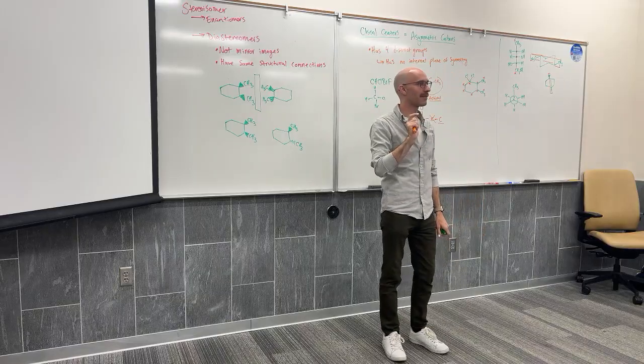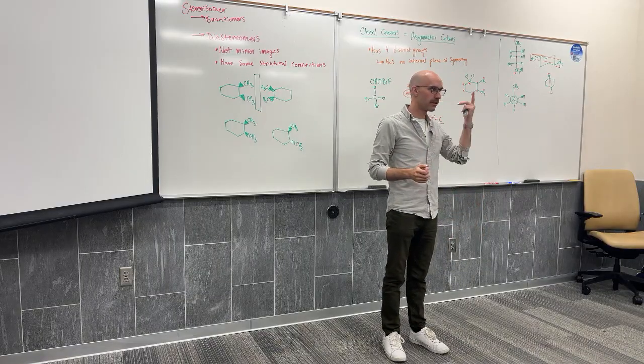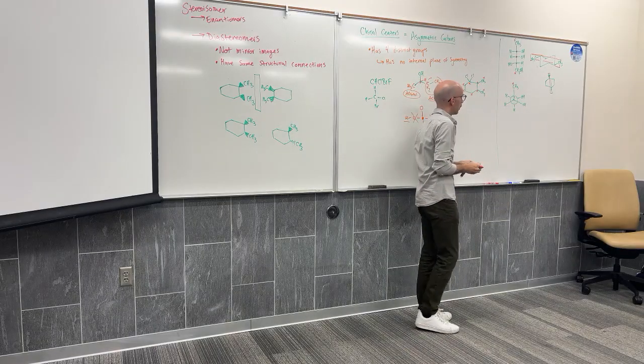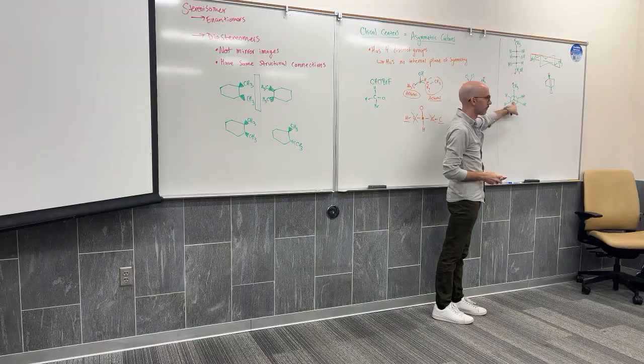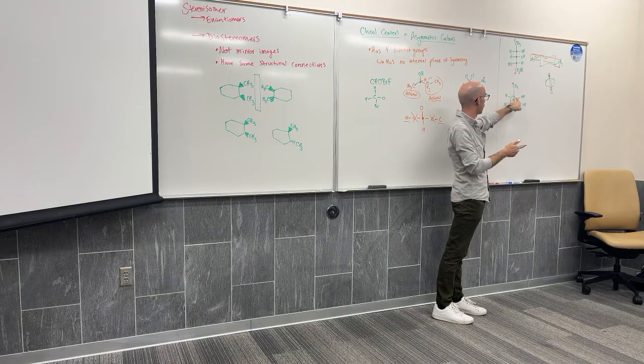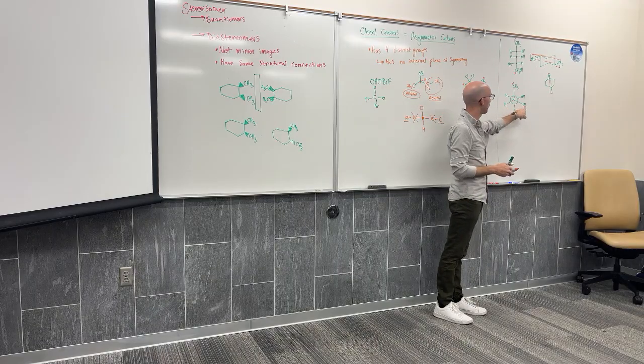How many of them are absolutely achiral? Definitely the methyl group. Methyl group, never going to be chiral. This front carbon is bonded to the carbon in the back, bonded to the carbon up here, bonded to H and OH. So definitely 2 distinct groups.